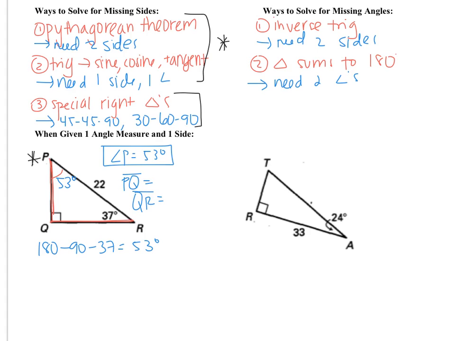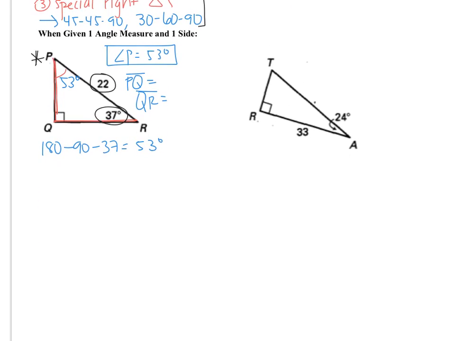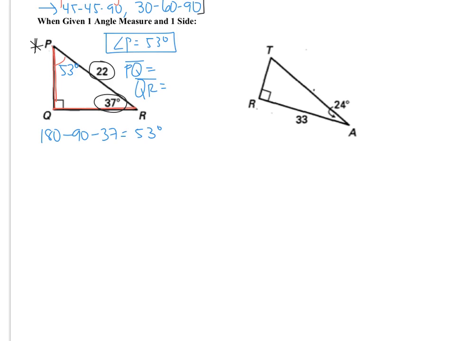Well, for trig, I need one side and one angle. In this case, you're going to notice we have one side, we have one angle. So we could use trig. Now, we can't use special right triangles to find the missing sides because this triangle is not 45, 45, 90, and it's not 30, 60, 90. So in this case, we're going to use trig to find the sides.